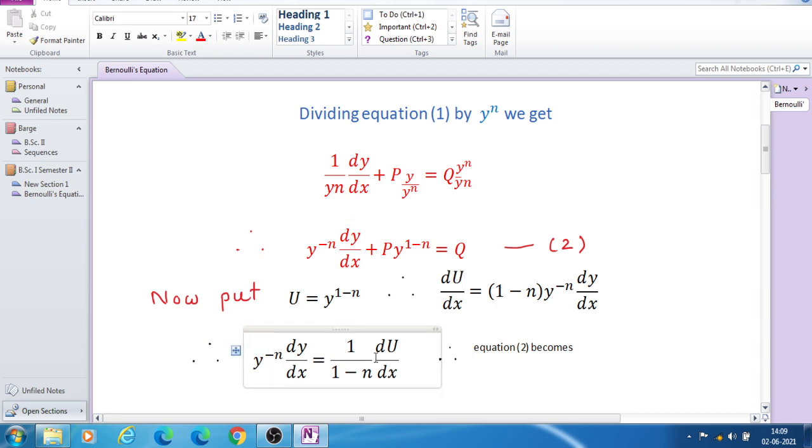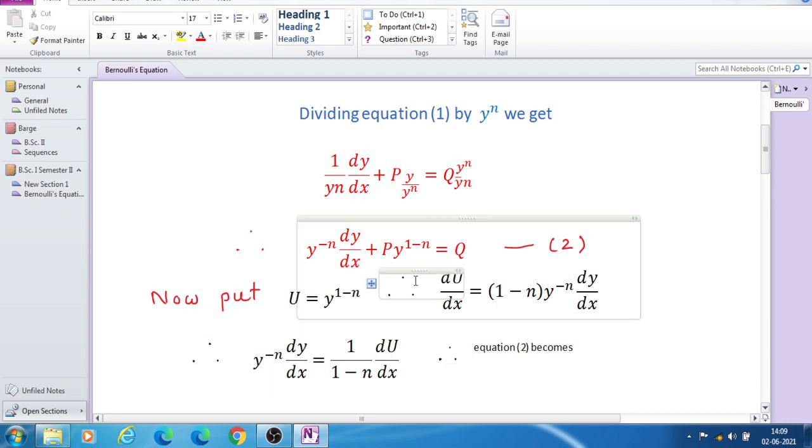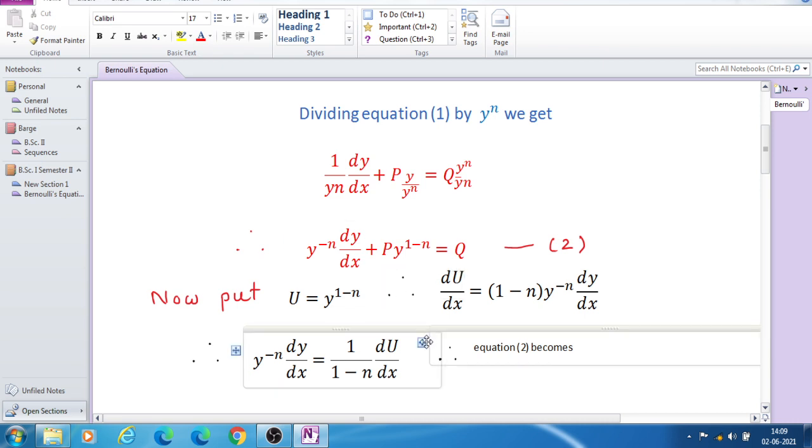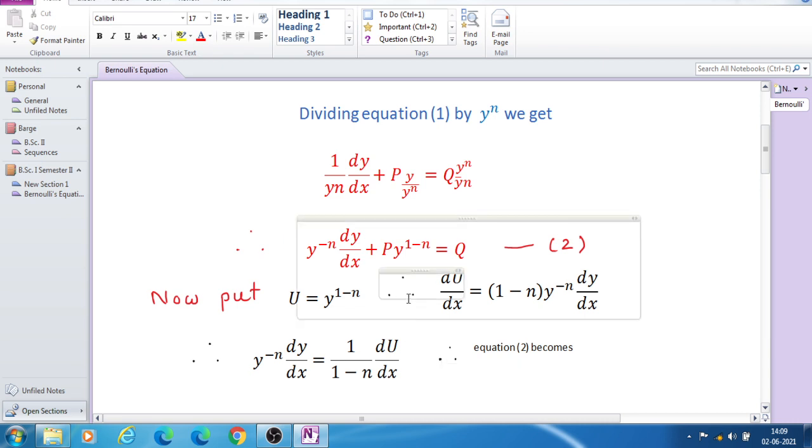So now in this equation the coefficient of p is y raised to 1 minus n, and we substitute u for y raised to 1 minus n.